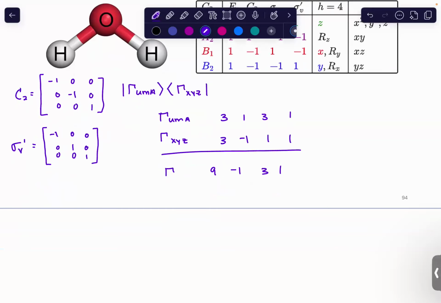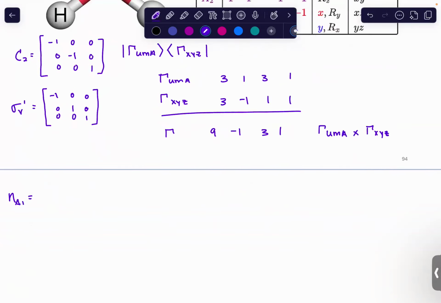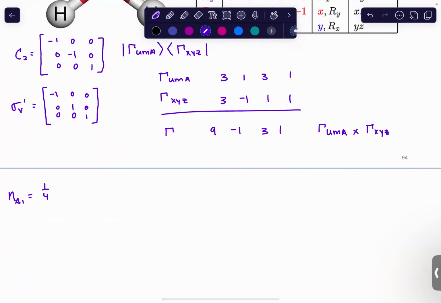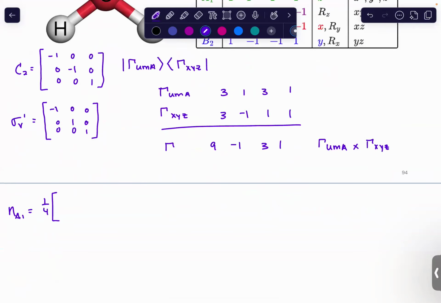Okay, so now, again, this is our UMA times XYZ. Let's start with the number of A1s. The order is 4, so it's 1/4. The coefficient in front of each symmetry operation is 1. So you get 1, 9, 1.